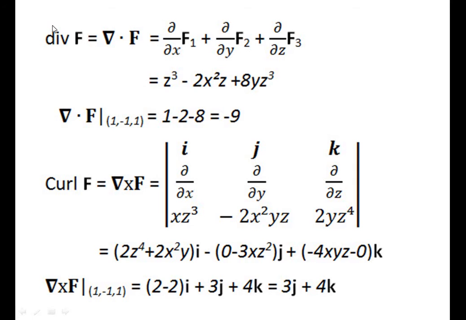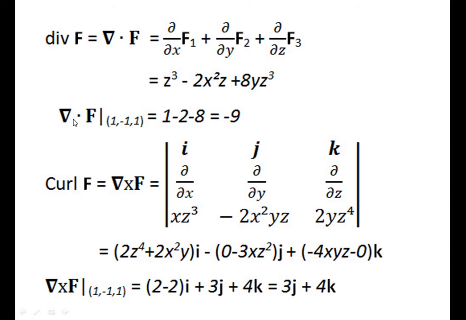Then divergence of f, that is del dot f, equal to dou by dou x f1 plus dou by dou y f2 plus dou by dou z f3, which is the partial derivative of f1 with respect to x, plus the partial derivative of f2 with respect to y, plus the partial derivative of f3 with respect to z. Then we get z cube minus 2 x square z plus 8 y z cube.